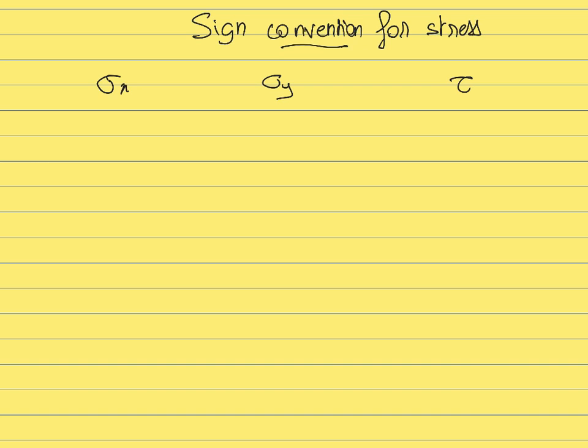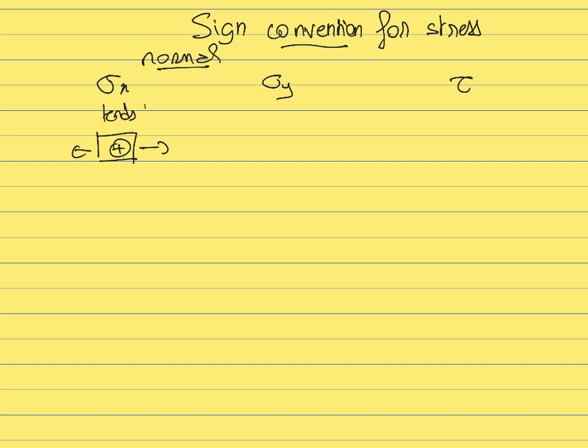So when it comes to the normal stress, the first thing to remember is that we are always going to define a positive stress as a tensile stress, a stress that is pointing towards the outside, a stress that tends to elongate the system. So for sigma x, a positive normal stress is going to be something like this, where the stress points towards the outside.